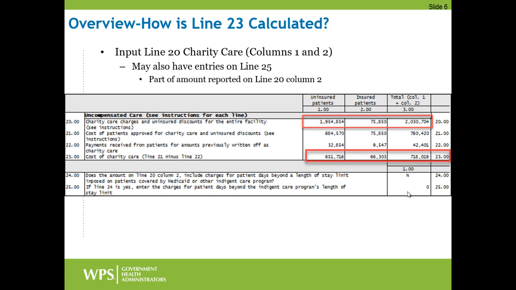If we had, let's say, $5,850 in line 25, that $5,850 was also in line 20, and only that $5,850 would have been reduced, so that would have made line 21 a smaller number. It would be $70,000 plus $5,850 multiplied by the cost to charge ratio, whatever that happened to be. So that is how line 25 comes into play.